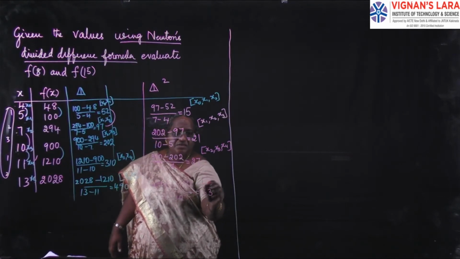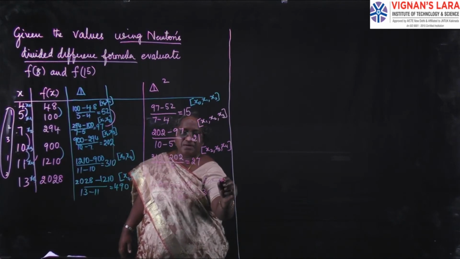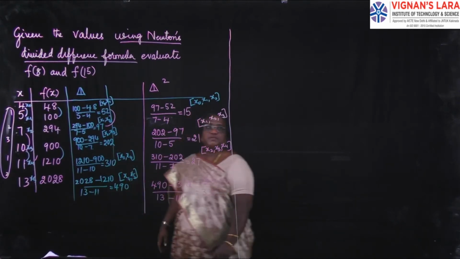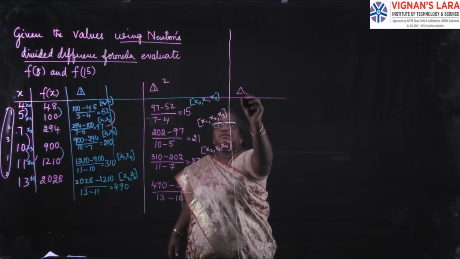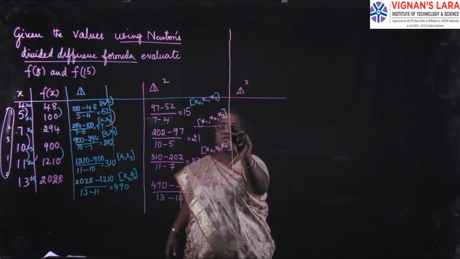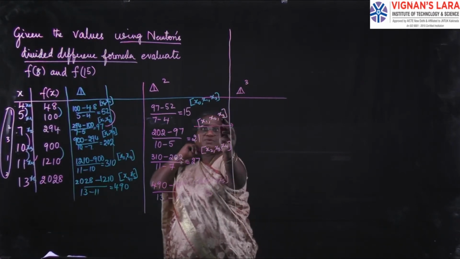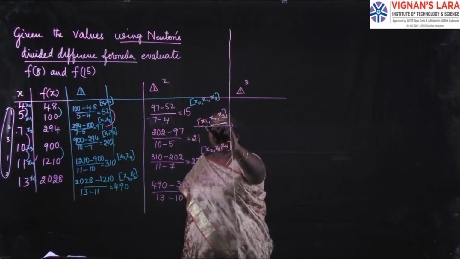This is the second divided difference of x3, x4, x5. So this is the second divided difference. Next we calculate the third divided difference. Write it to the center here. It is x1, x2, x3 minus x0, x1, x2. So we will get x2 minus x1.